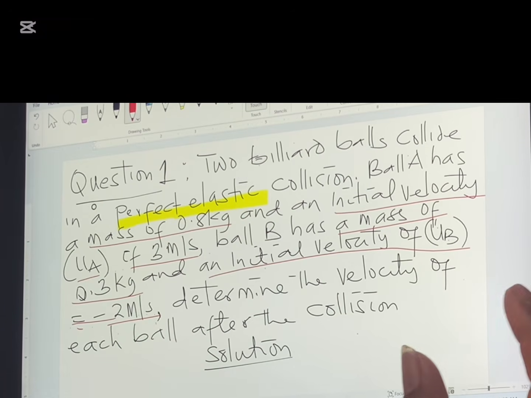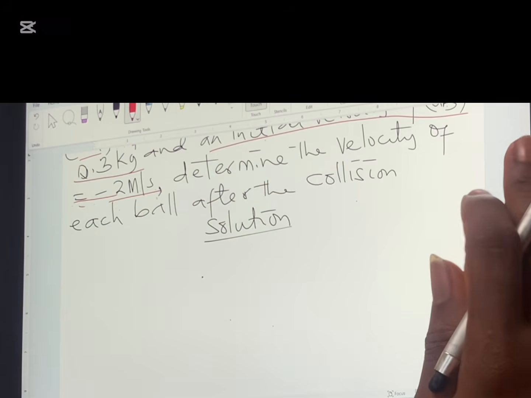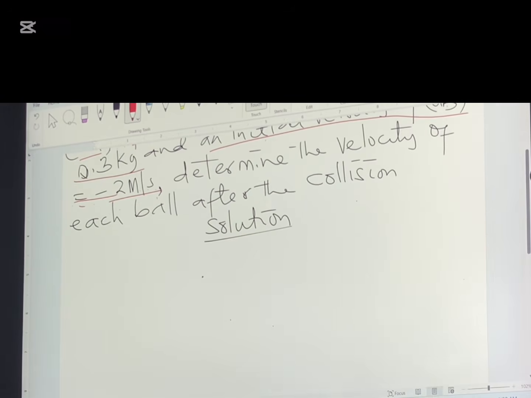Please take note. So this question is on collision, so I will apply the formula for conservation of linear momentum, and the principle states that the sum of the momentum before collision is equal to the sum of the momentum after collision.